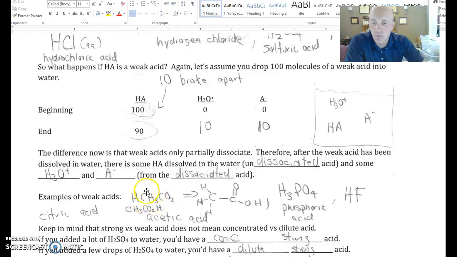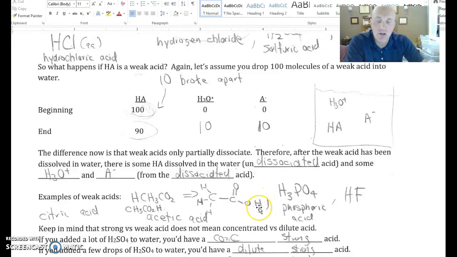So some examples of weak acids. We mentioned this one before, acetic acid. Again, there are several ways you can represent it. Sometimes it's represented like this, putting the acidic hydrogen, the one that gets donated, at the beginning of the formula. I think it's more commonly shown like this. Structurally, this is what it would look like, and the hydrogen that ends up getting donated is actually this one right here.